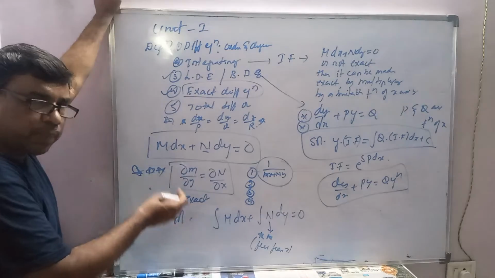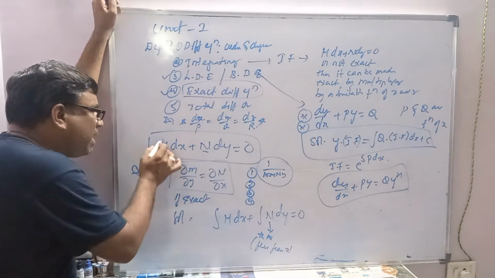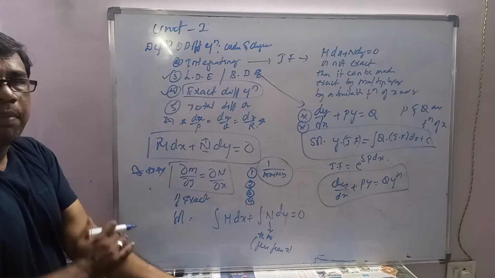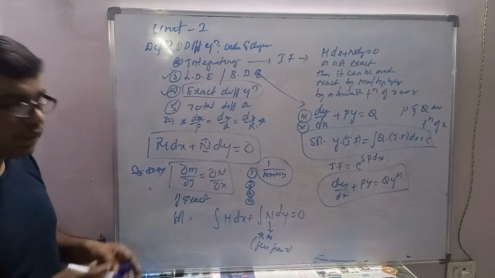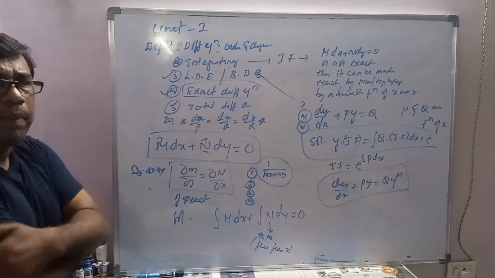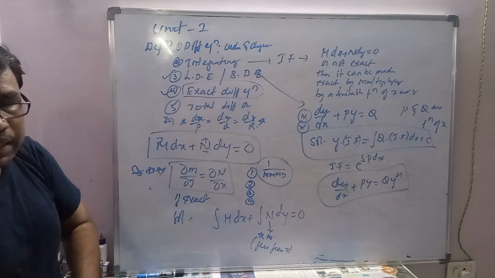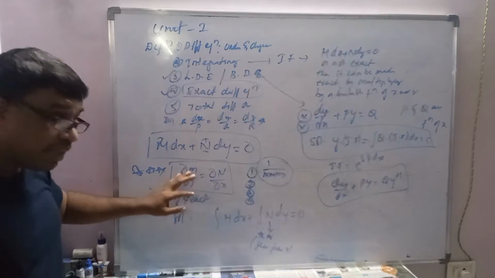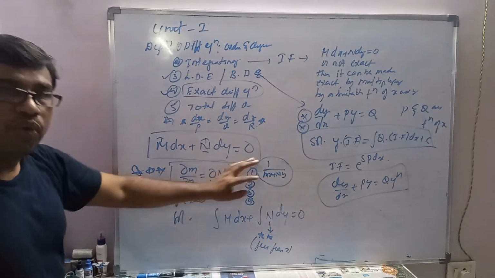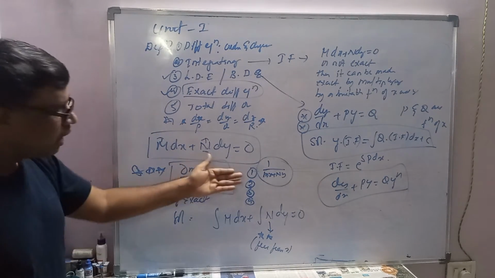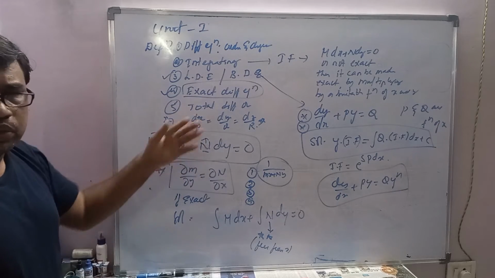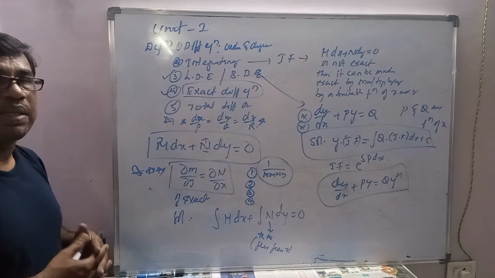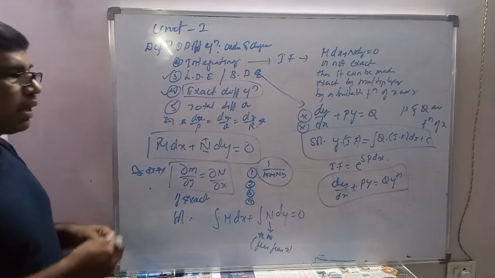If M and N are homogeneous, then 1 by (Mx plus Ny) is the integrating factor. Remember that one. If the given differential equation is not exact, then go for other methods. There are 4 important methods. The first one, of course, is grouping; don't go for that one.